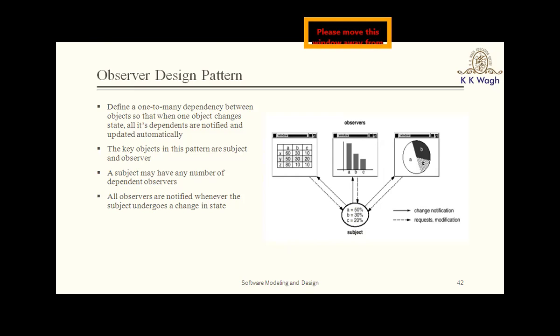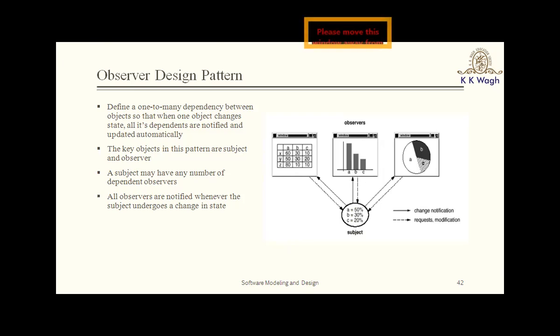And there is no reason to limit the number of dependent objects to two. There may be any number of different user interfaces to the same data. The observer pattern describes how to establish these relationships.